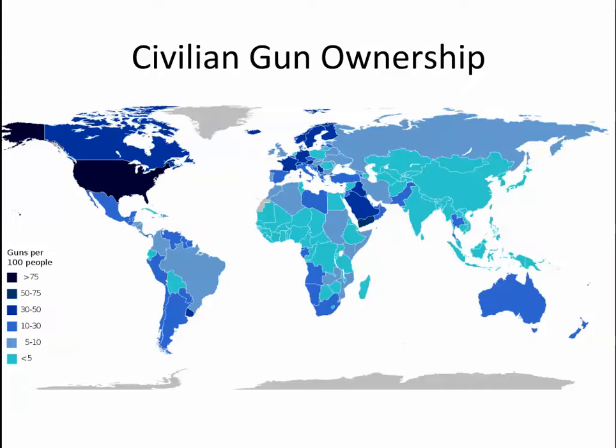All right, so we can think of one that's been in the news today, and I don't want to get into the pros or cons or politics of this, but the firearms that are present in the United States make our culture very distinct. If you look at civilian gun ownership, what you can see here is that there is a very distinct break between what we see in, for example, the United States and Canada, and then as you move into Latin America, Sub-Saharan Africa, and Asia, gun ownership almost drops to zero.